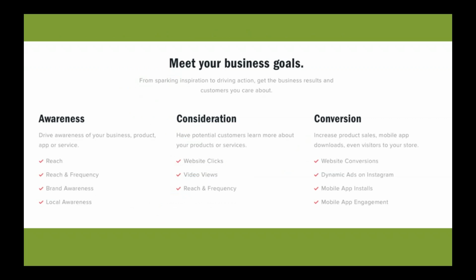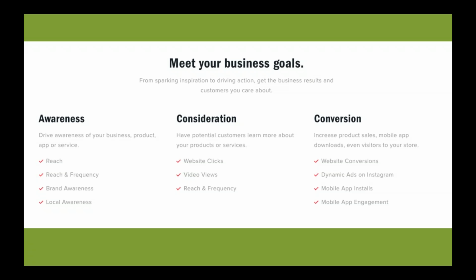Okay, so you have three different real umbrella pieces for Instagram so that you can identify goals. Now, when we talk about goals, what we're really talking about is, are we driving people from those ads? Are we showing people those ads for just awareness, knowing that the business exists?